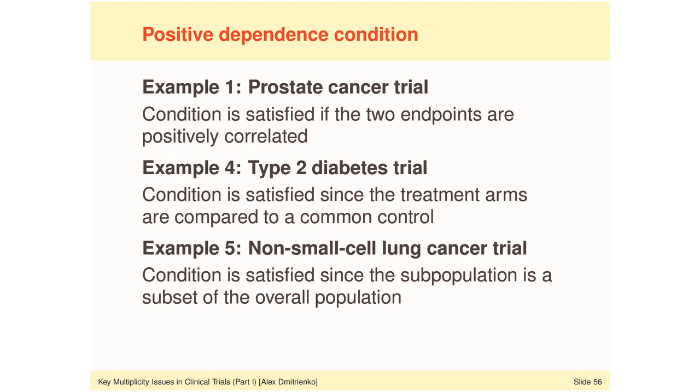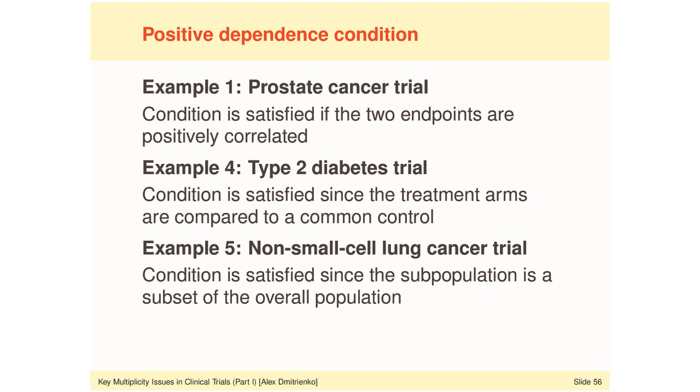Secondly, when we examine the type 2 diabetes trial, which is example 4, then it's quite easy to show that the positive dependence condition is satisfied since the treatment arms are compared to a common control. Because those placebo comparisons share a common control, this fact induces positive correlations, and therefore the positive dependence condition is known to be satisfied.